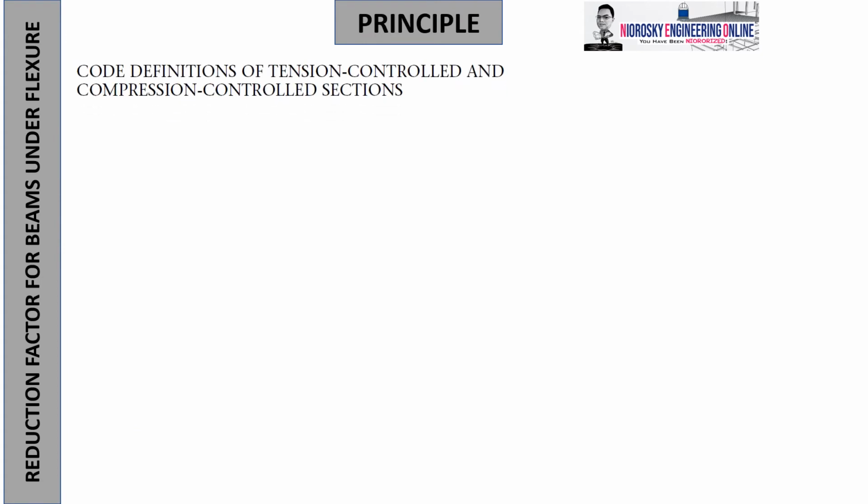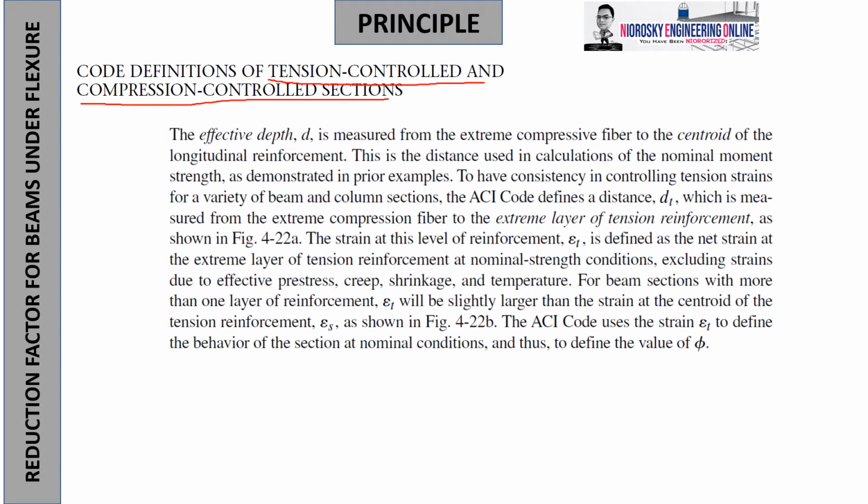So, as mentioned earlier, so there's what we call compression controlled as a column and tension controlled as a true beam. So, the effective depth D is measured from the compressive fiber to the centroid of the longitudinal reinforcement. This is already explained. But I want you to notice that there's another definition like the D sub T. Okay, this is different.